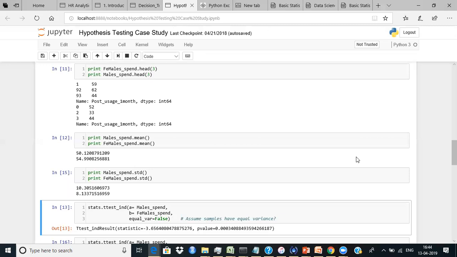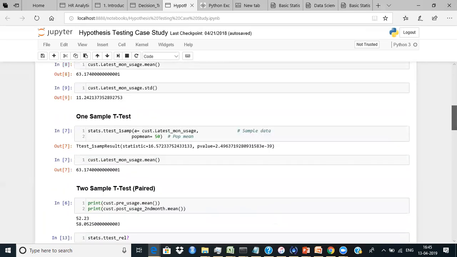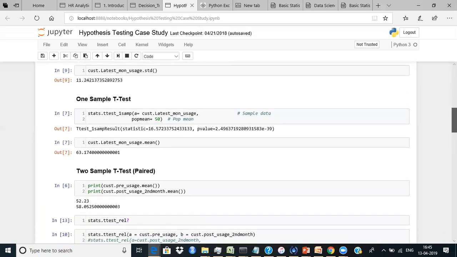I am not saying that it does not mean anything. I am saying that we are not interested in it. It has a meaning; we are not interested in it. I'll explain using the one sample t-test.